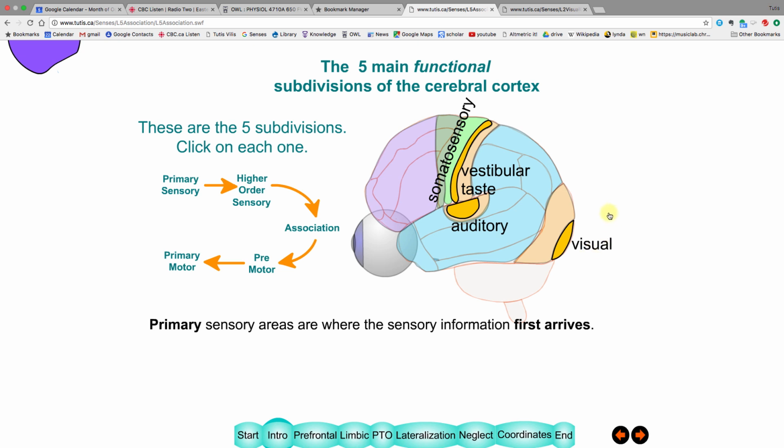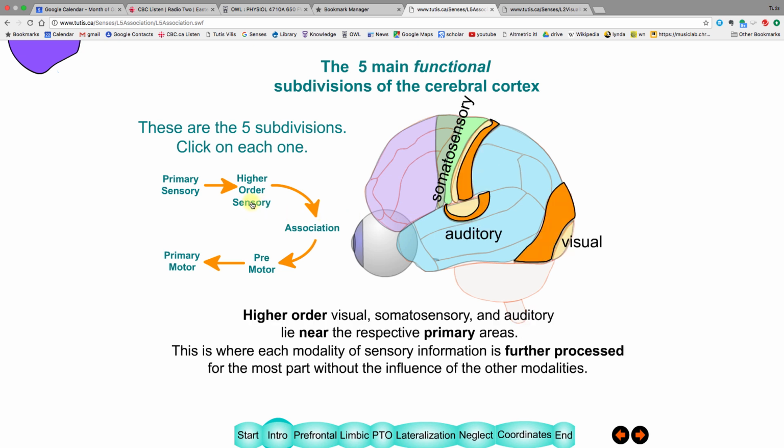Well, similarly, you go through the thalamus and get to other primary areas. One of them is the somatosensory cortex, which is right here, just behind the central sulcus. Then over on the side here, within the temporal lobe, is the auditory cortex, and elsewhere you've got things like vestibular and taste represented.